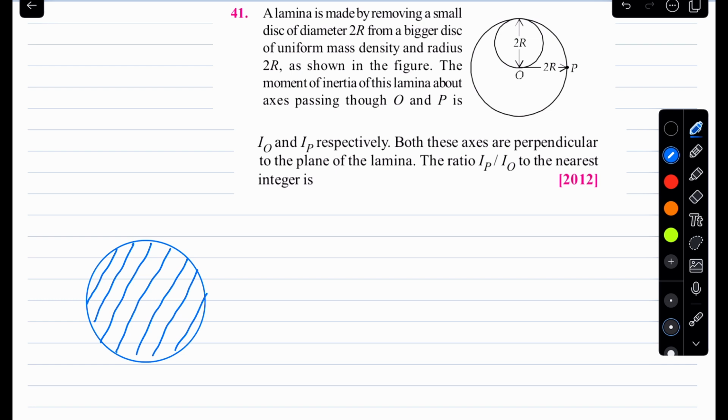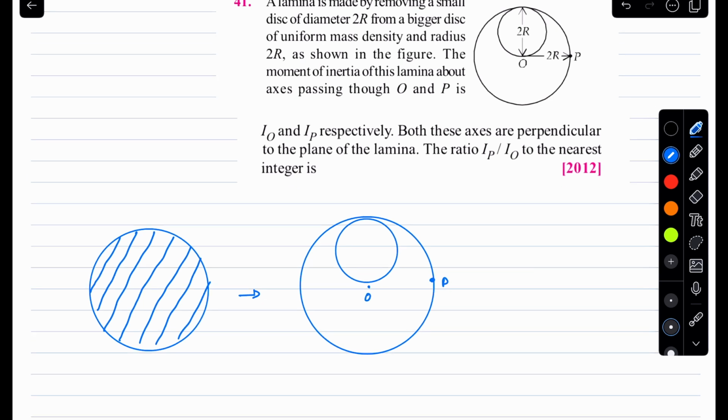So how do we approach this problem? This is our disk, right? If I want to calculate the moment of inertia of this disk with the cavity, this is the disk and I have created a cavity on this right here, and I want to find out at point P what the moment of inertia is.